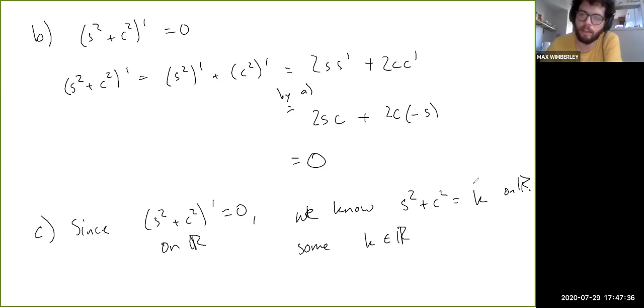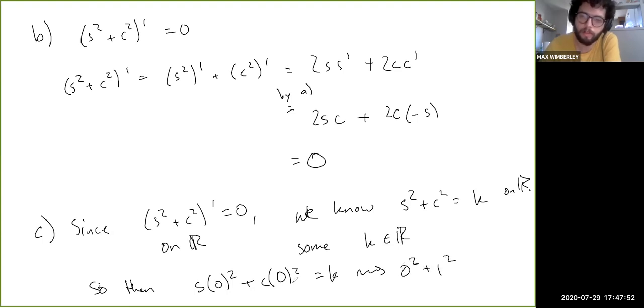So then to get k, s of 0 squared plus c of 0 squared equals k. And s of 0 is 0, and c of 0 is 1. So this is k. So s squared plus c squared equals 1 on R. Okay. Any questions about that?